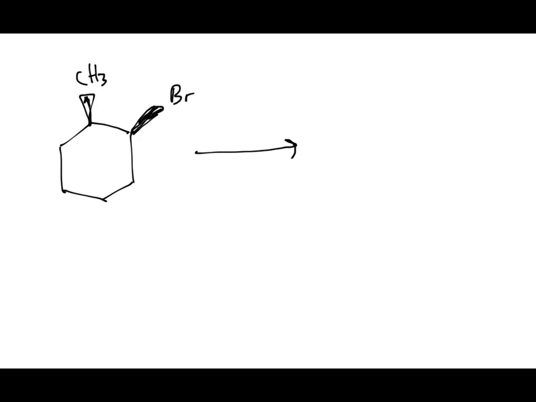If I say a good strong base, what would I expect to see for my base? OH minus is a possibility. That's not really an organic compound, so what's another good option? You might see it written as OCH3 or OMe.